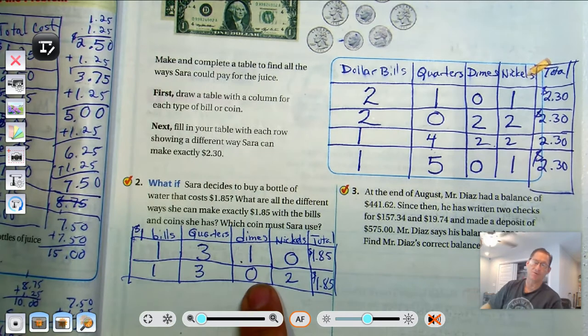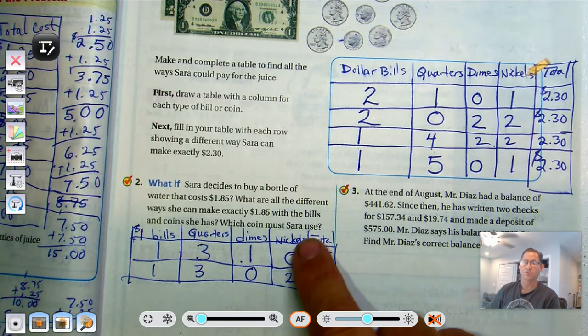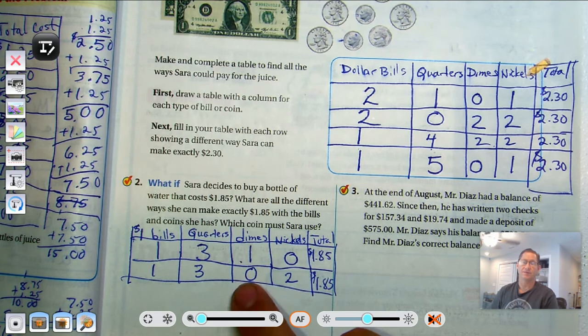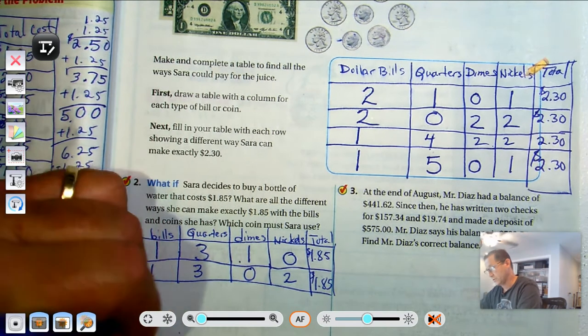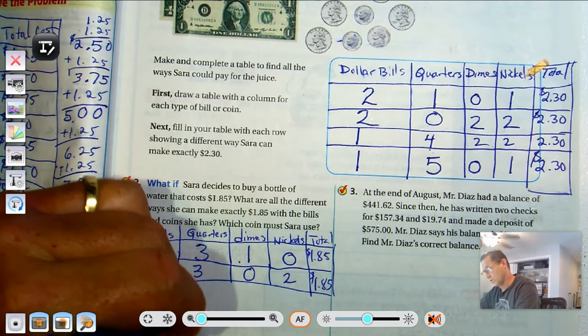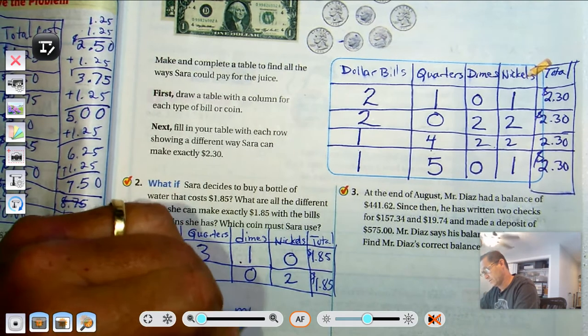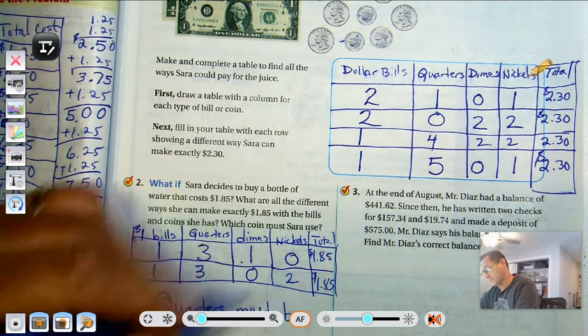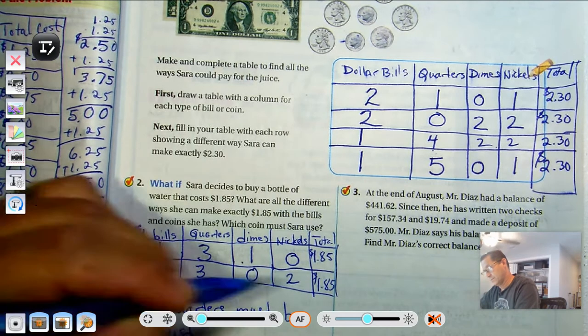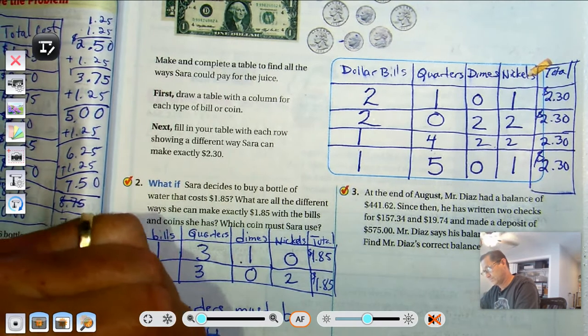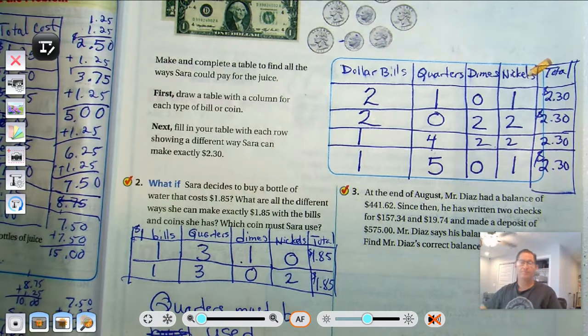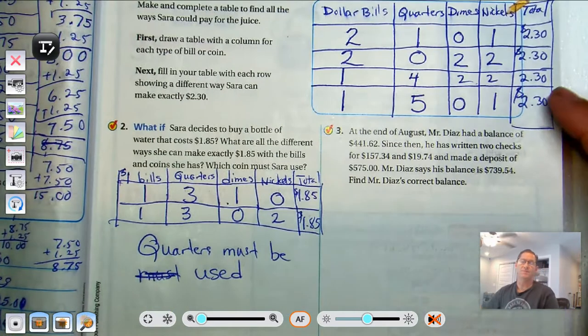She doesn't have to use a dime to come up with $1.85. She also doesn't have to use a nickel. There are ways of getting $1.85 without using them. But both of these have to have quarters, so she has to use quarters. Okay. So quarters must be used.